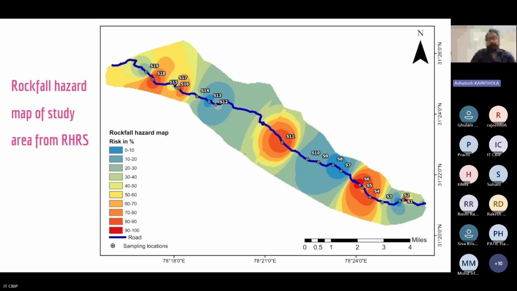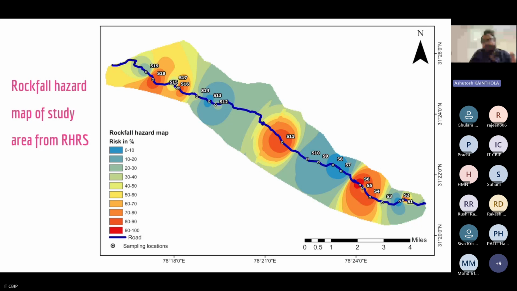Now, another thing to be kept in mind is that the hazard ratings follow different schemes. We have used min-max scaling of our hazard rating to rescale our hazard from 0 to 100. So this is essentially good for comparison.